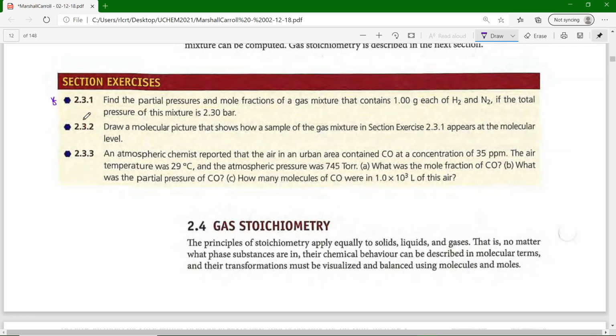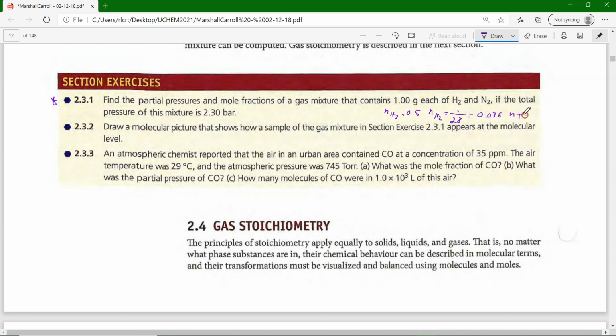Find the partial pressures and mole fractions of a gas mixture that contains 1 gram each of hydrogen and nitrogen. Okay, so the moles of hydrogen is 1 over 2, which is 0.5. The moles of nitrogen is 1 out of 28, right? I'm rounding a bit, that's okay. 1 divided by 28, 0.036.